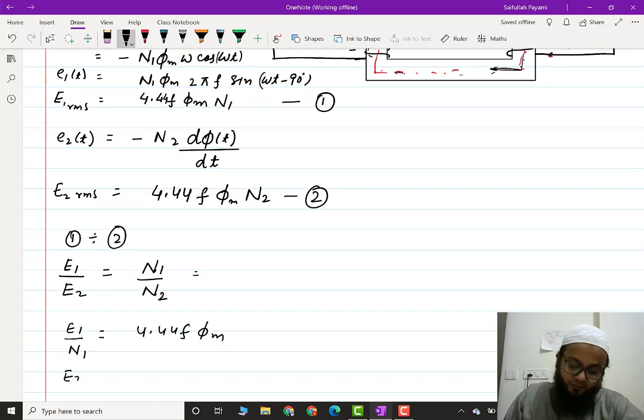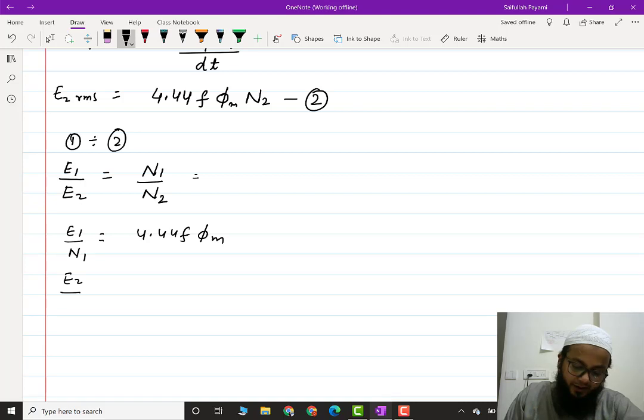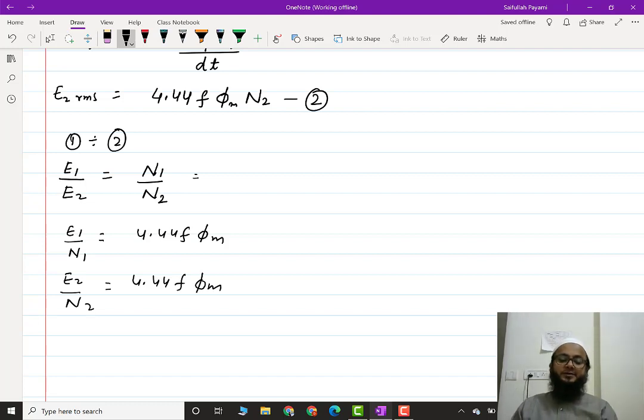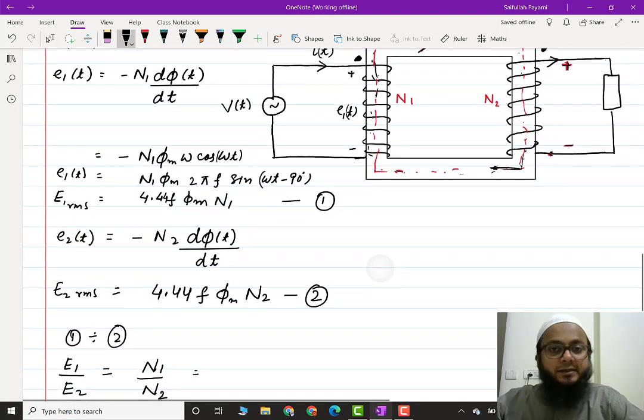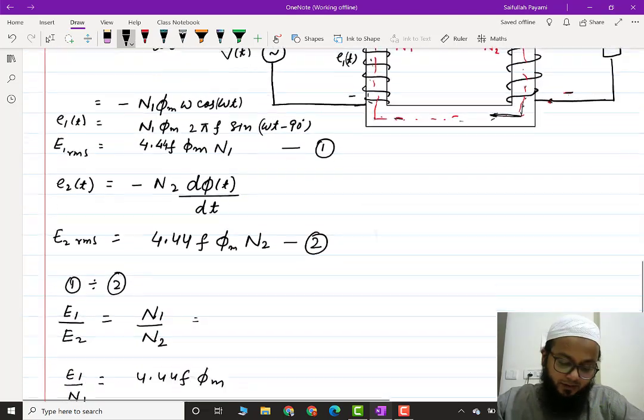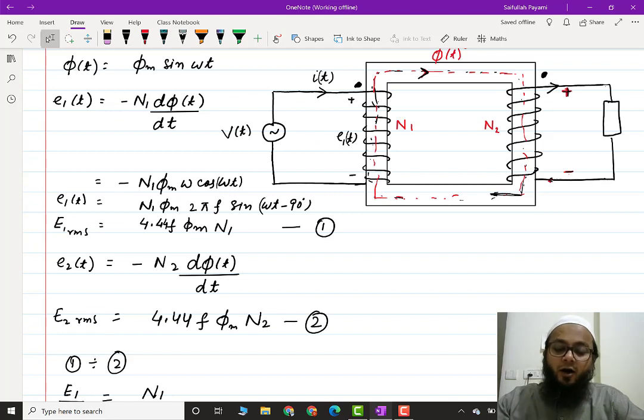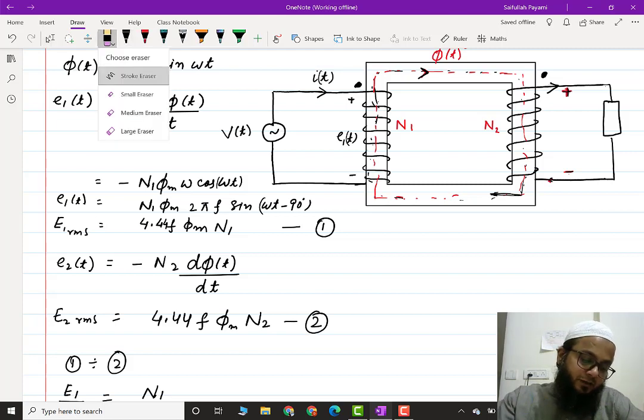Similarly, E2 upon N2 is 4.44 f φm. So the induced EMF per unit number of turns on both windings is equal. They are the same.